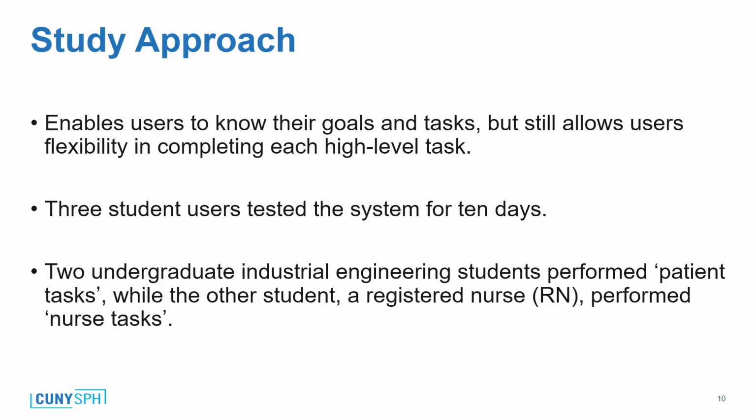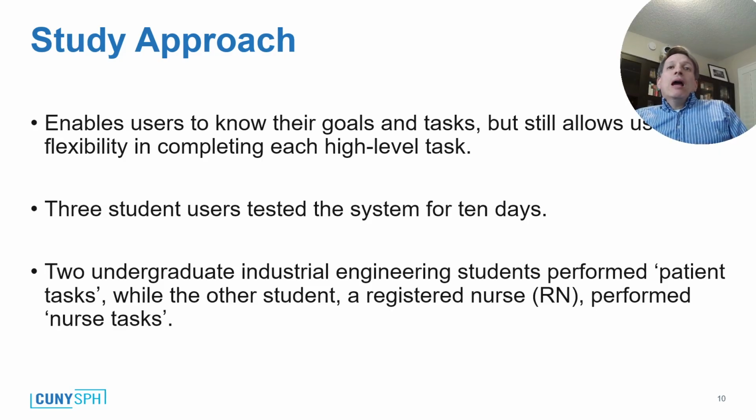In this case, they were using 2 undergraduate industrial engineering students that were conducting the patient task, and the other student was a registered nurse that was conducting the nurse task.